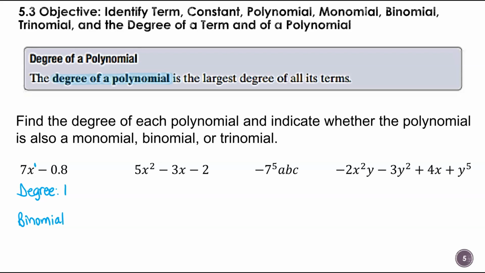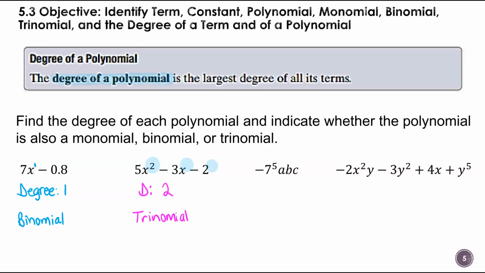Okay, let's look at the second one. On the second one, we have a 2. Remember, that's a 1. This is a 0. And so that means that we have a degree of, I'm just going to say D, for a degree of 2. And then we have 3 terms, so this is a trinomial.